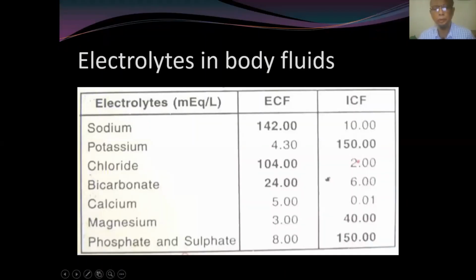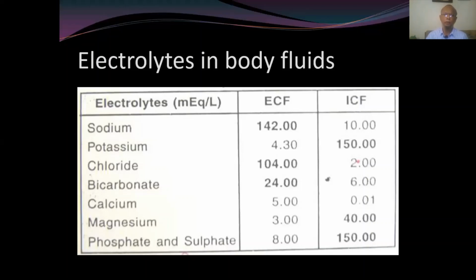Now we will go to the main topics. That is about, as you know, the intracellular fluid and the extracellular fluid.